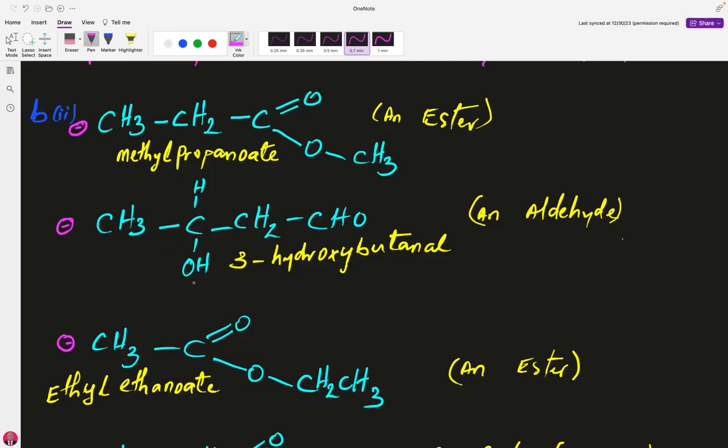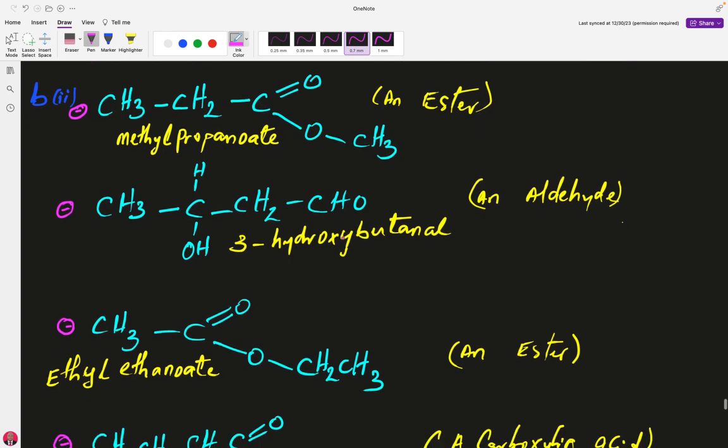Then we have the second structure. The second structure has a functional group here. There are even 2 functional groups. But at the end here, the functional group is an aldehyde.